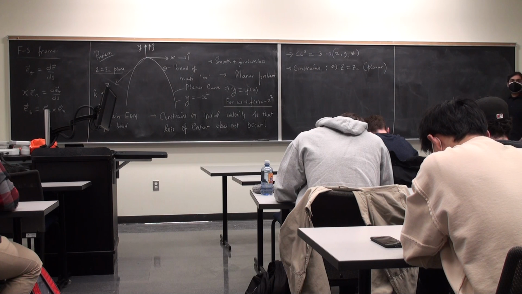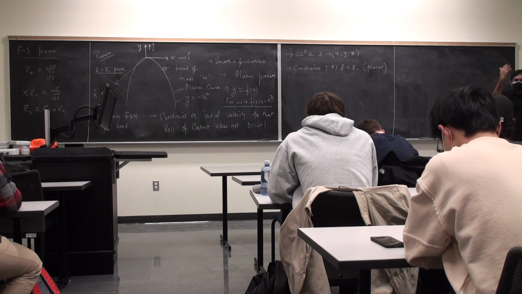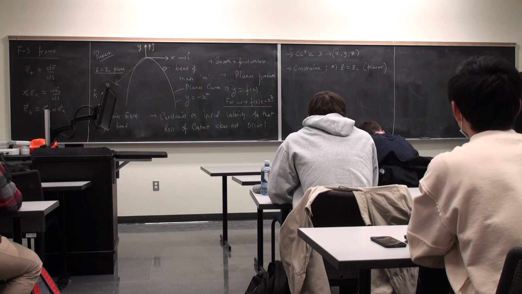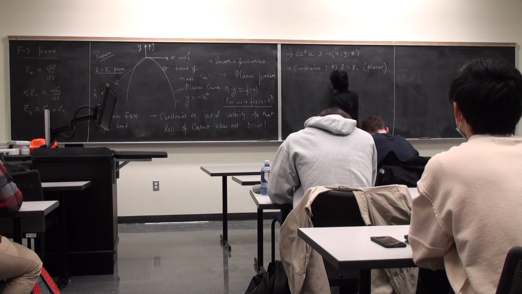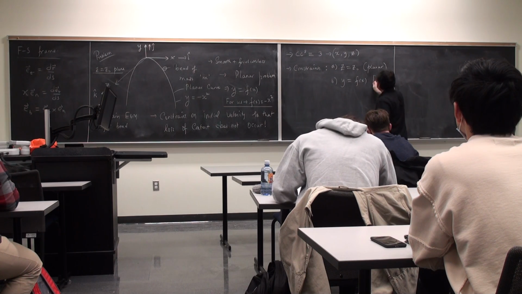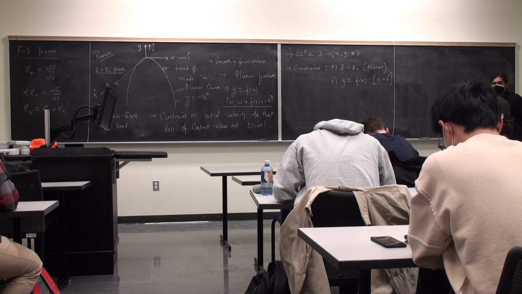What is the other constraint in this problem? Yes, you can just tell me that. It's constrained to the wire. It's constrained to travel along the wire, so the path of the body is already known to me, so y is f of x, which is in our case minus x. Right?